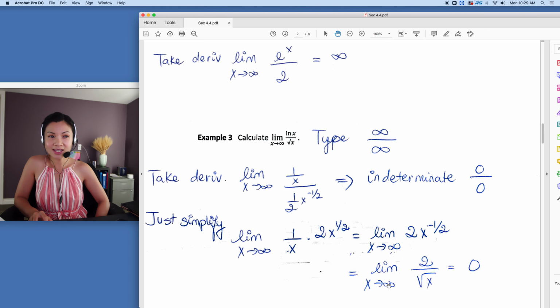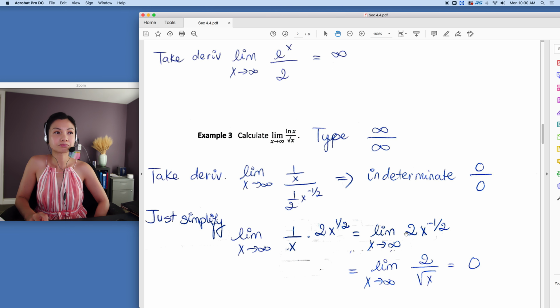When you take the limit, you see the bottom goes very large, so it approaches 0. So now we know that the limit is 0. Make sure you simplify first and then you take the limit. If we still have 0 over 0, it's going nowhere, and then we keep taking the derivative. So make sure you simplify.